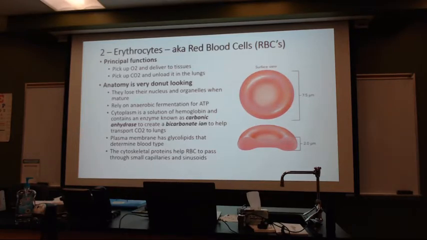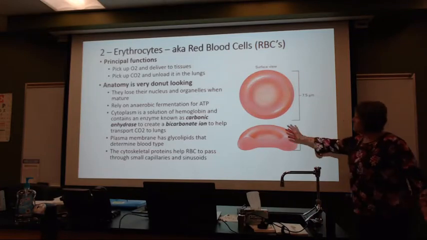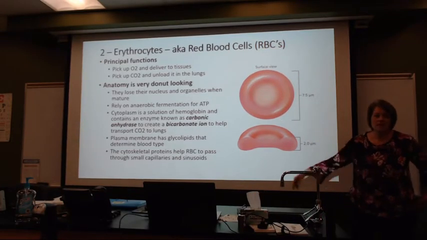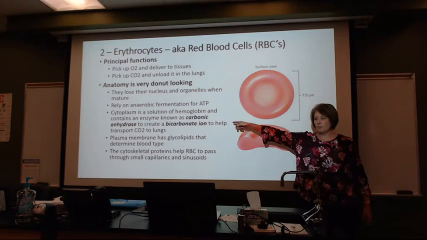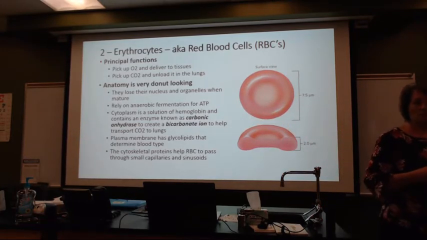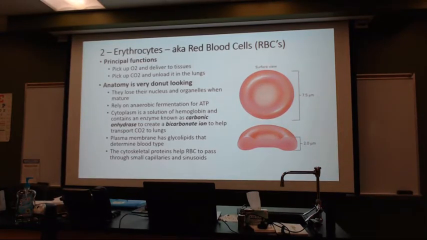So what it will do, this red blood cell has an enzyme. Enzymes are proteins. Enzymes are catalysts so that we can help speed up a reaction. So here's the way it works.